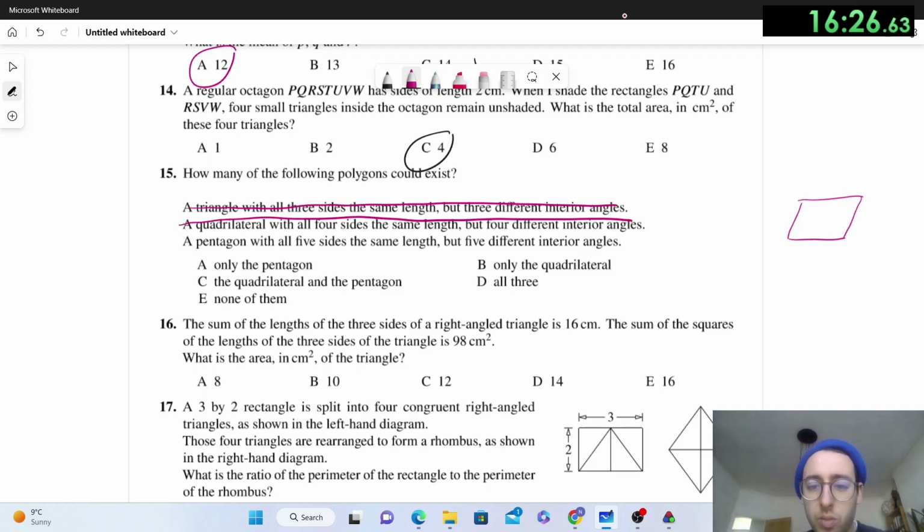A pentagon with all 5 sides the same length, but 5 different interior angles. 1, 2, 3, 4. No, wait. What? 1, 2, 3, 4. Have I made assumptions here?